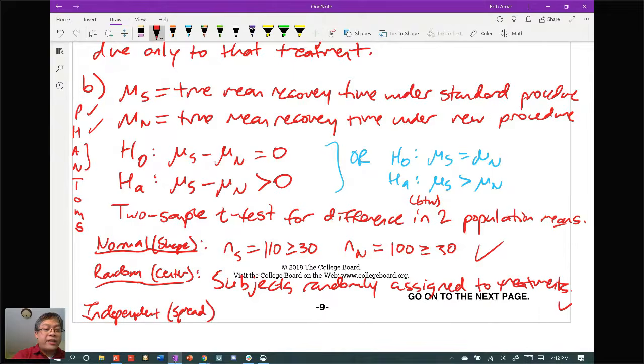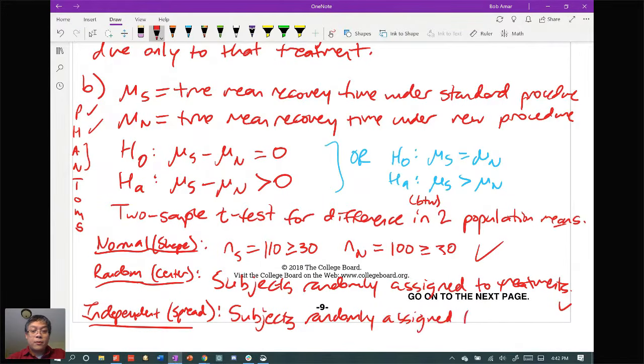Normally, this is where you check the 10% condition, but I want to emphasize that because the subjects were randomly assigned to treatments, it takes care of the independence. You don't need to check the 10% condition here. Okay, so that's my A and my N.